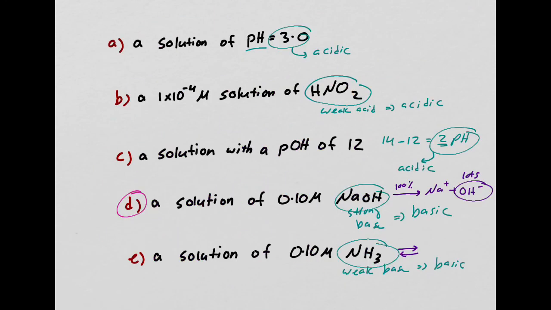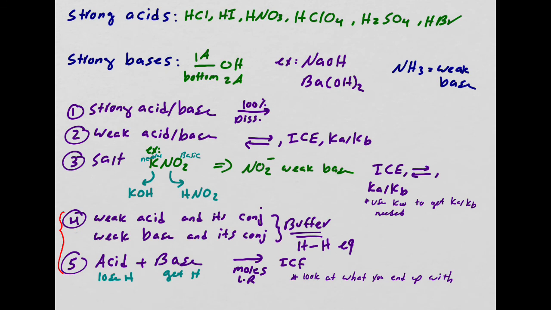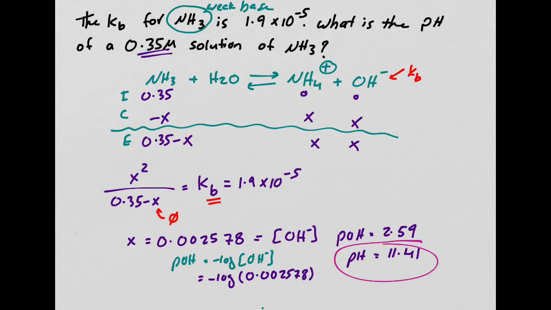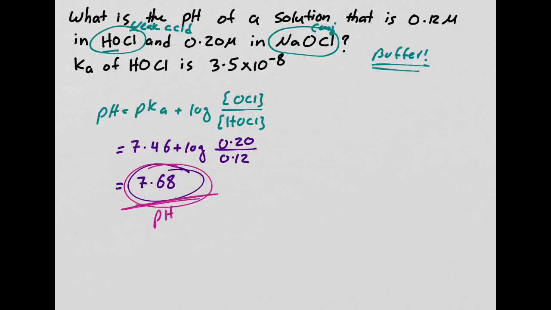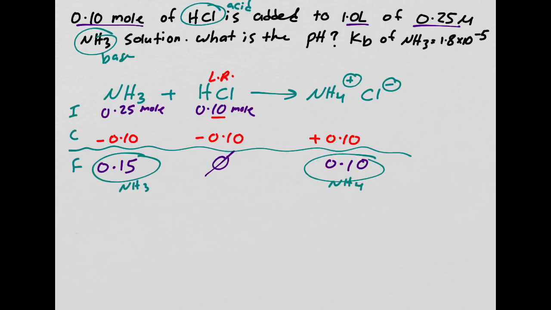I love this chart that I put up here. I said, look at what you end up with when you have an acid-base reaction. What did you end up with?